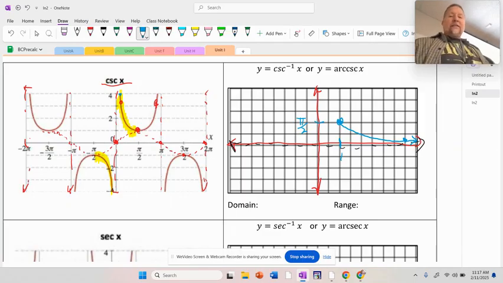Then when I go over here, it's negative pi over 2 comma negative 1, which is now, sorry, I'm trying to get my negative 1 comma negative pi over 2. That's a pi. And then this one goes, yeah, right?